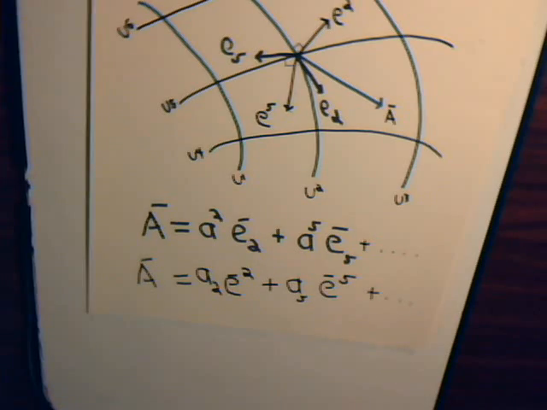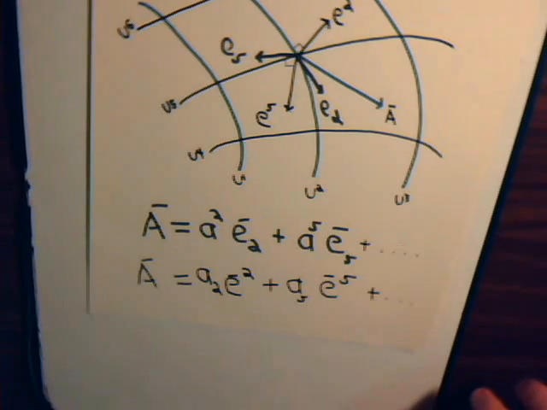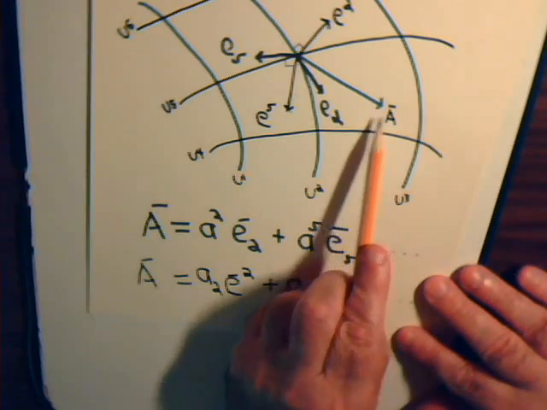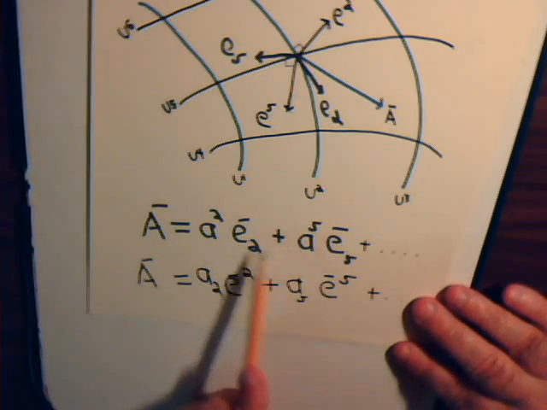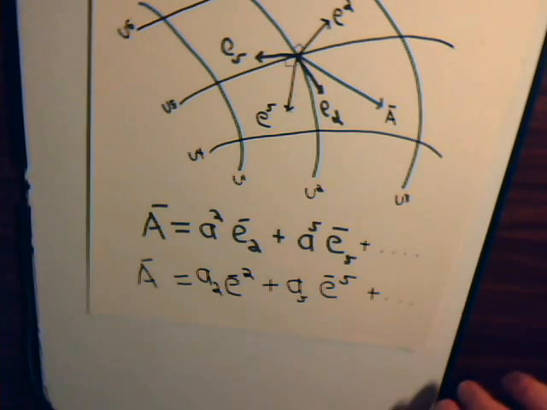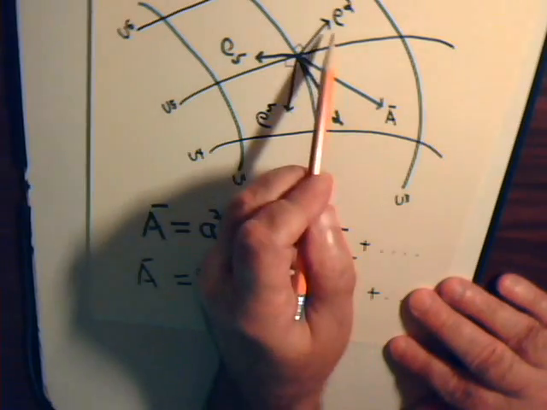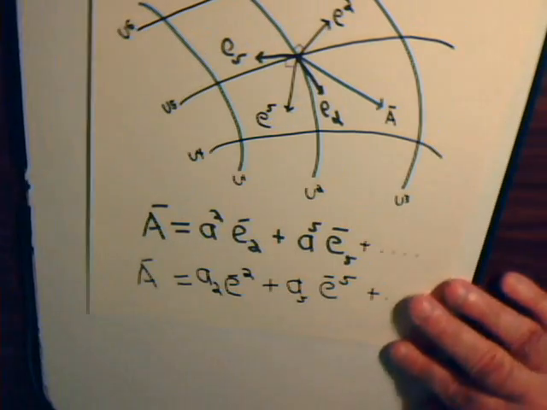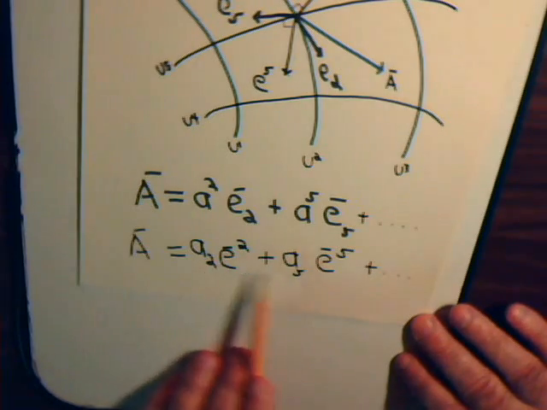So that means that if we have a vector A, we can express it by adding up the sum of its components either along the u2 axis and the u5 axis by using their tangential vectors, or we could sum up the components of vector A by taking orthogonal projections along these orthogonal axes, E superscript 2 and E superscript 5. And that would be a different way of writing the vector A.